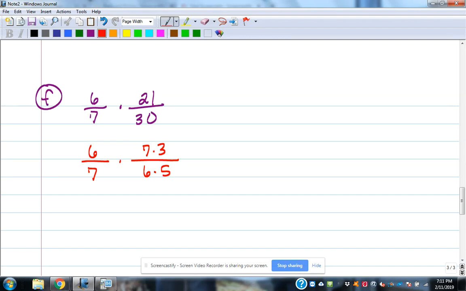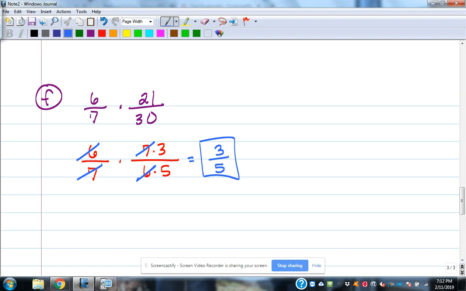So here, this 7 down here cancels that factor of the 7 right there. That's what's happening when you were able to cancel like that. So this 7 cancels that 7. This 6 cancels that 6, leaving us 3 over 5, because that's all that's left out of that.